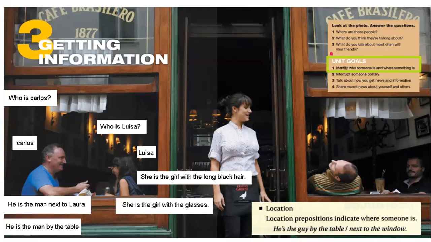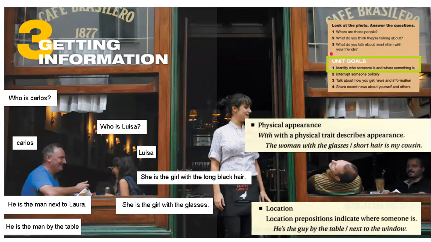So if you want to identify who someone is just with the things this person is wearing, to talk about physical appearance you can use the word with, for example, with the glasses, with the short hair, with the long hair, with the ponytail, and things like that, right?